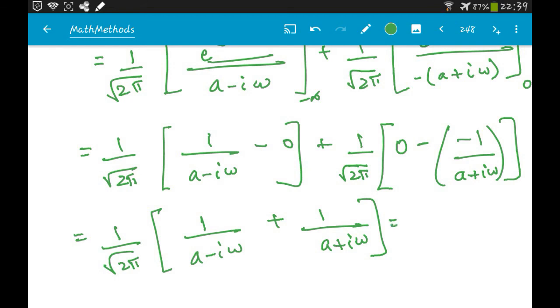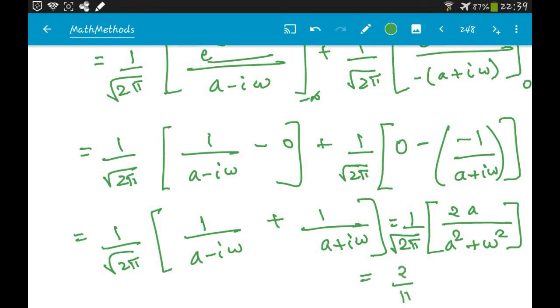So you can simplify this and you will get (a + iω) plus (a - iω), so you will get 2a by (a² + ω²), which is nothing but root over 2 by π times a by (a² + ω²). Okay, so this is how you solve for the Fourier transform.